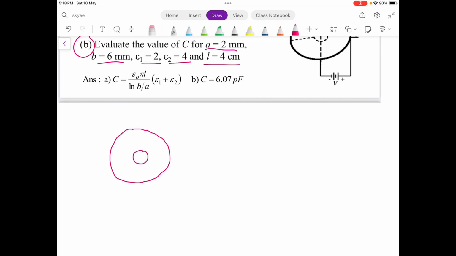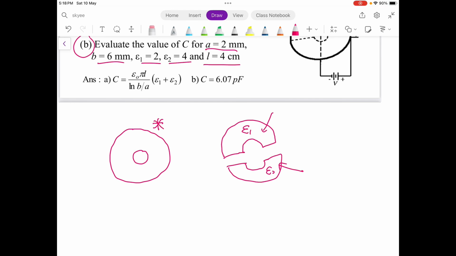But the shape in this question is, this is for one medium, and this is the second medium. The second dielectric, we break into two, epsilon 1 and epsilon 2. If we look at each of them one by one, you can see the shape is different compared to the derivation earlier.